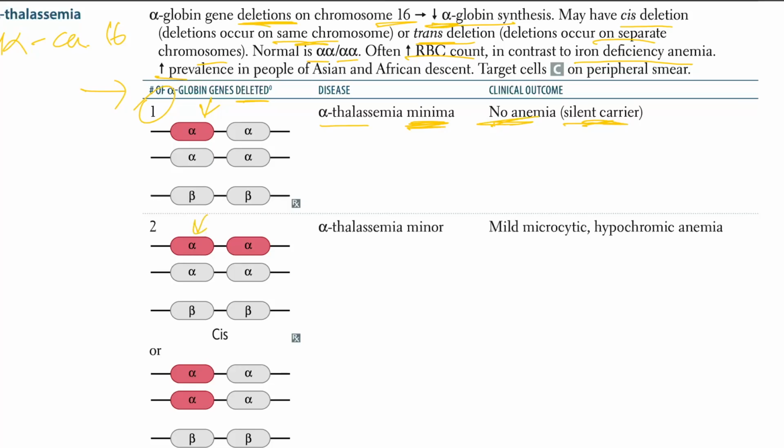If you were to delete 2 alphas now, that's alpha thalassemia minor, but it depends upon whether you have a cis deletion or a trans deletion. Cis deletion is on the same chromosome, trans deletion is on a separate chromosome.